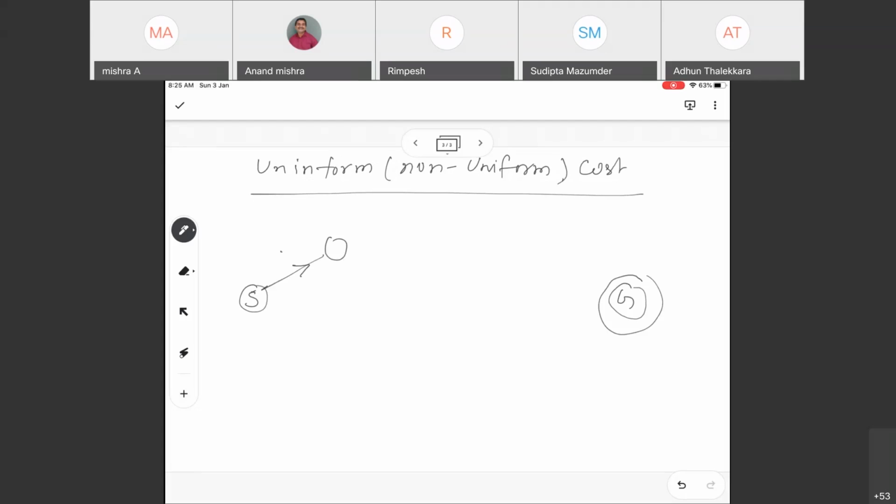There are different costs associated with different nodes. This is the goal. This is 1.